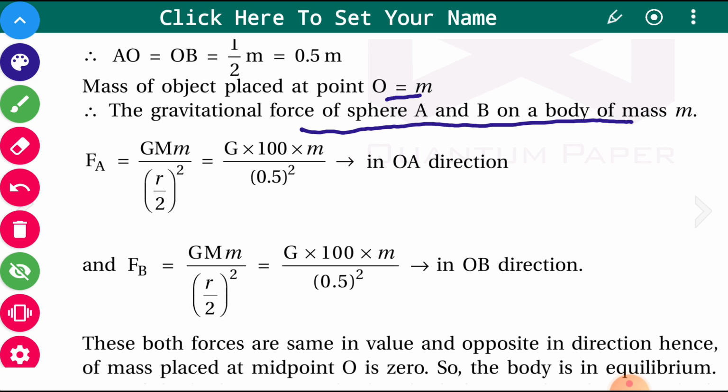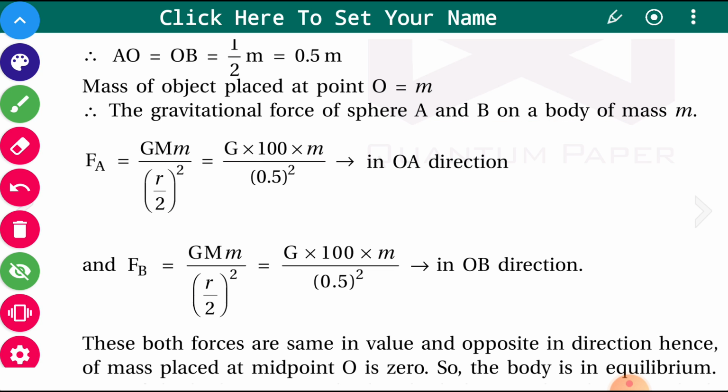So G, mass of the big sphere capital M, into small m upon half of the distance between their centers, that is r by 2 whole square. This capital M is 100 kg, small m is not known, that we have placed. G, then this becomes 0.5 because half of 1 meter is 0.5 meter. So that is the force in the OA direction, the attractive force.